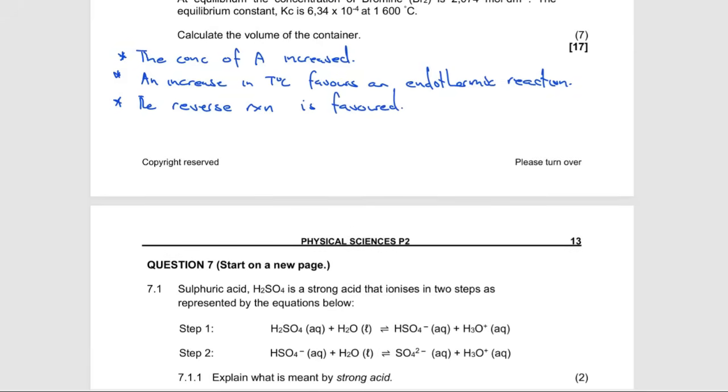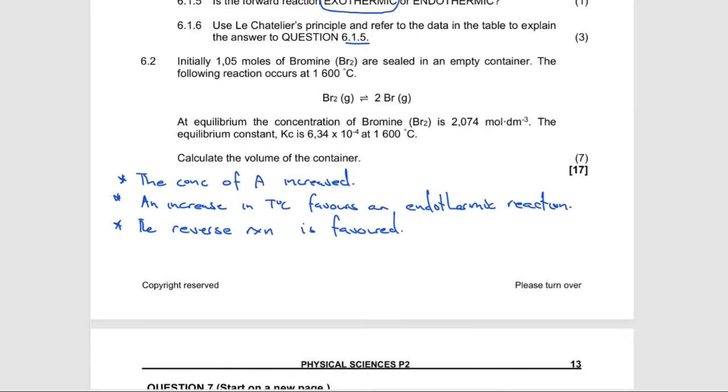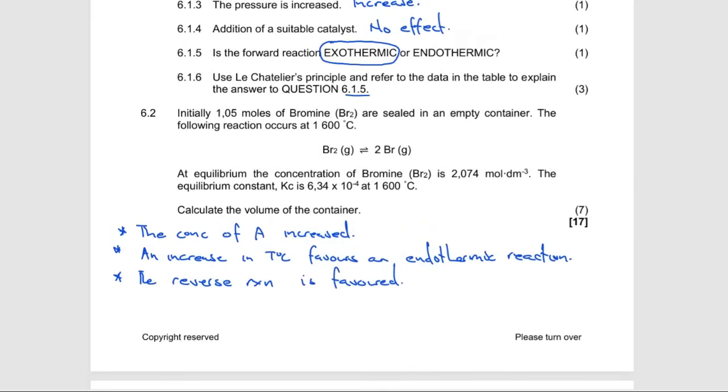Now moving on to question 6.2. Question 6.2 says, initially 1,05 moles of bromine gas, Br2, are sealed in an empty container.